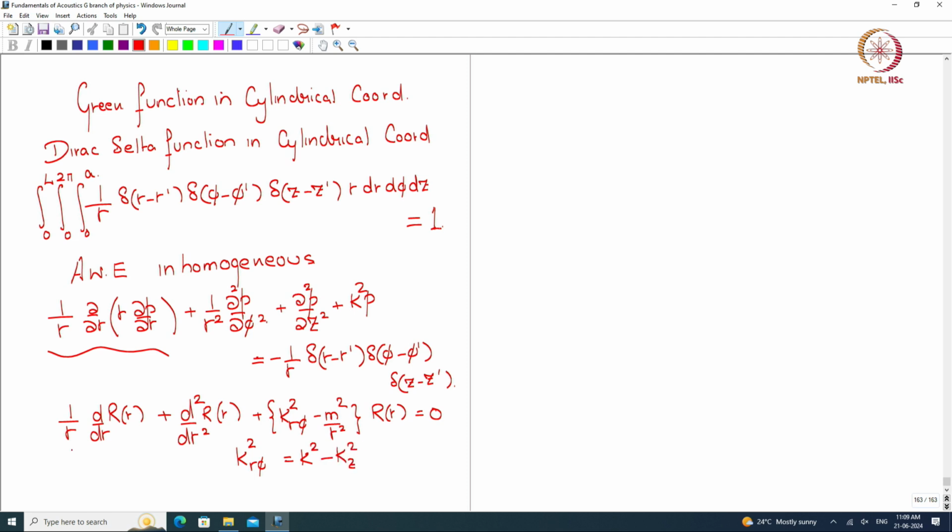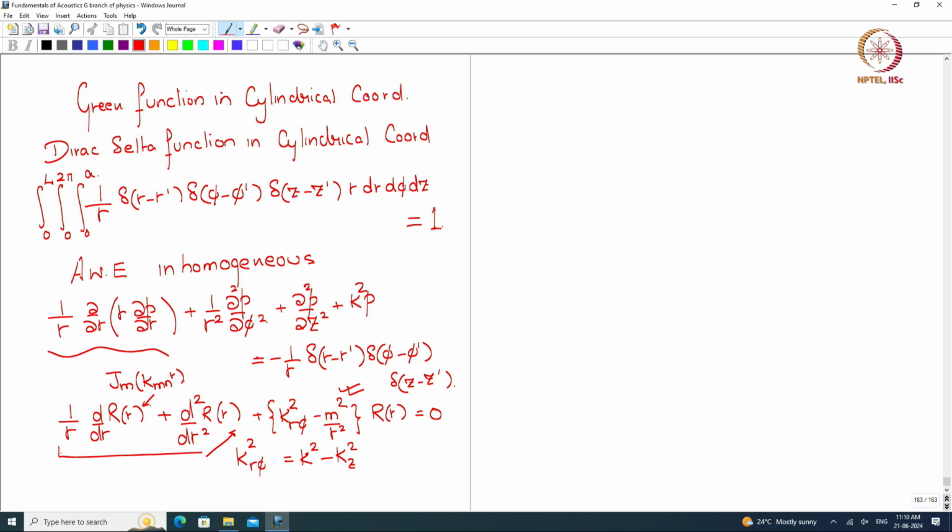So if R of r is the Bessel function, then this operator on the Bessel function gives this component with a negative. Just want to remember that part because we will use it.